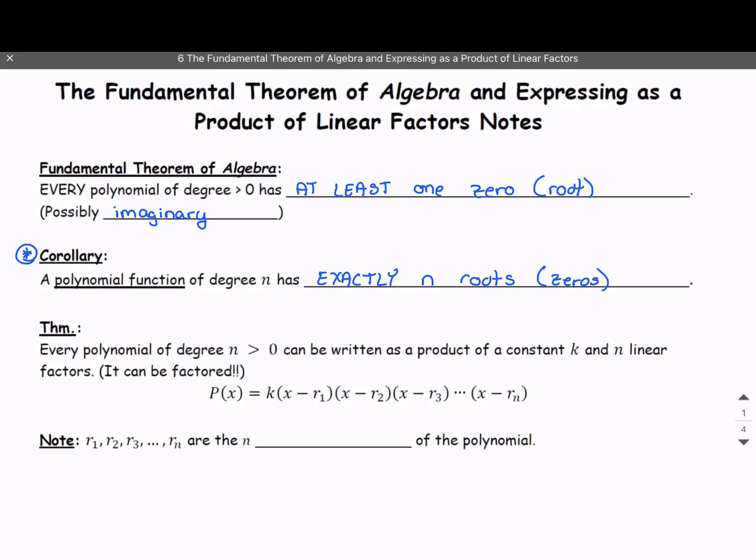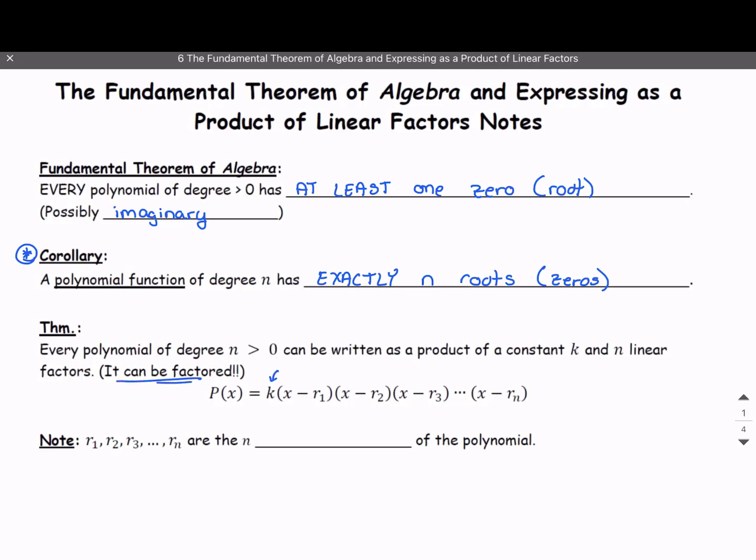Now there's another theorem that says every polynomial of degree n greater than 0, okay, so it's not the constant polynomial, all the others, can be written as a product of a constant k. That means if there's a greatest common factor, like 2 or 3, you can factor that constant out, and n linear factors. In other words, every polynomial can be factored, okay?